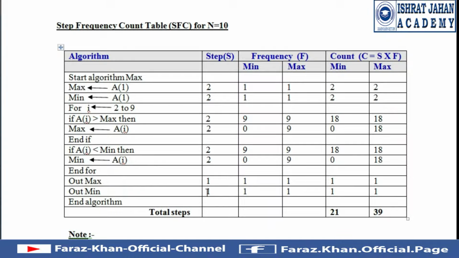Now, the noticeable thing is when I analyze the complexity of the algorithm, it never happens that both conditions are executed at once. Whether the algorithm will print the maximum value or the minimum value, right?